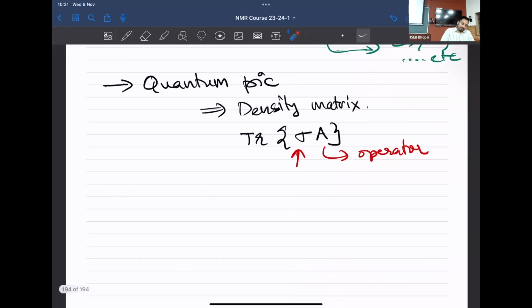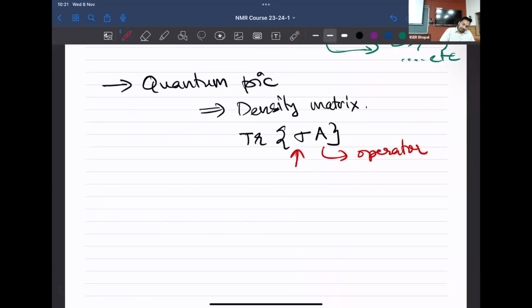From here on, we furthered our understanding by trying to use the quantum picture for, say, multidimensional correlation. What do we mean by this?